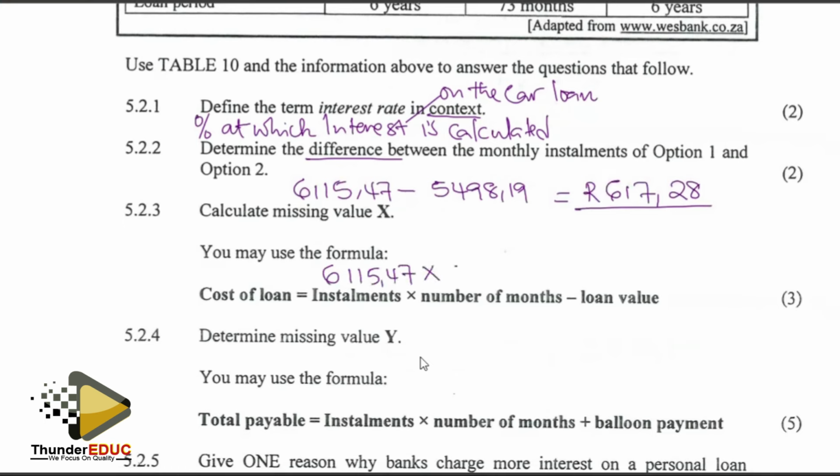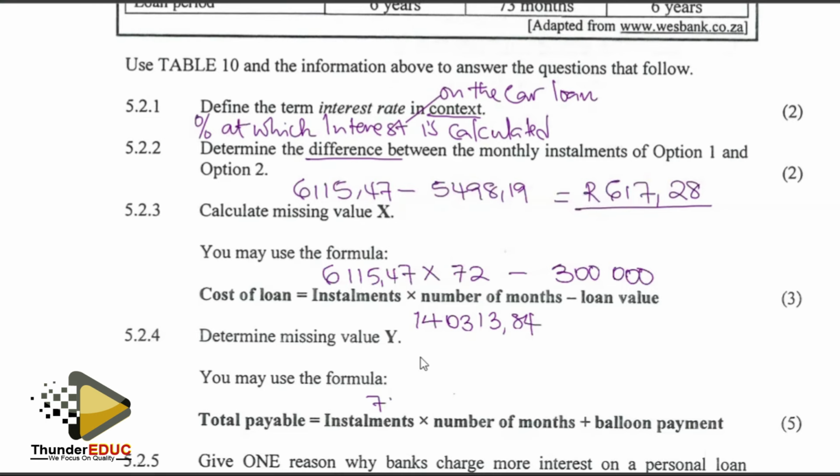They are showing us 6 years as 72 months, minus the loan value, which is 300,000. Your final answer becomes 140,313.